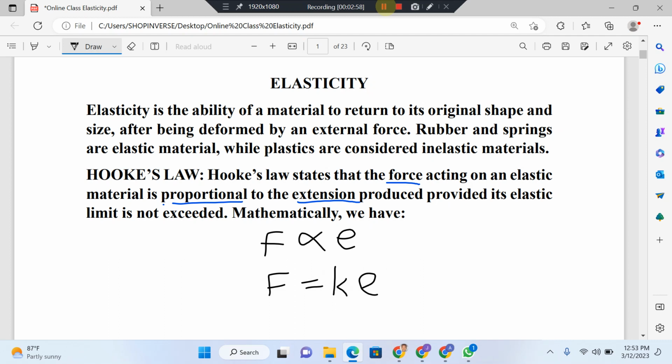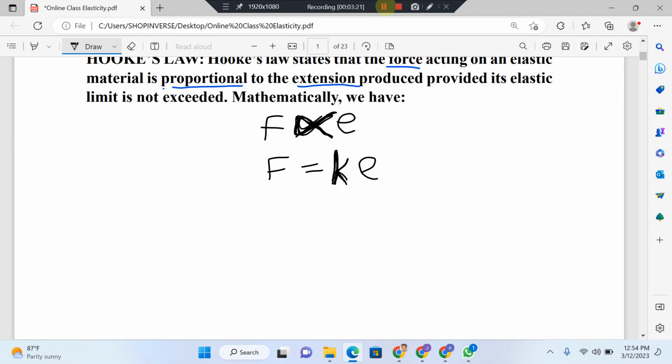When you remove the symbol of direct proportionality, you have to introduce a constant of proportionality, K. That is where this K came from. So F is equal to KE, that's the mathematical expression of Hooke's law.